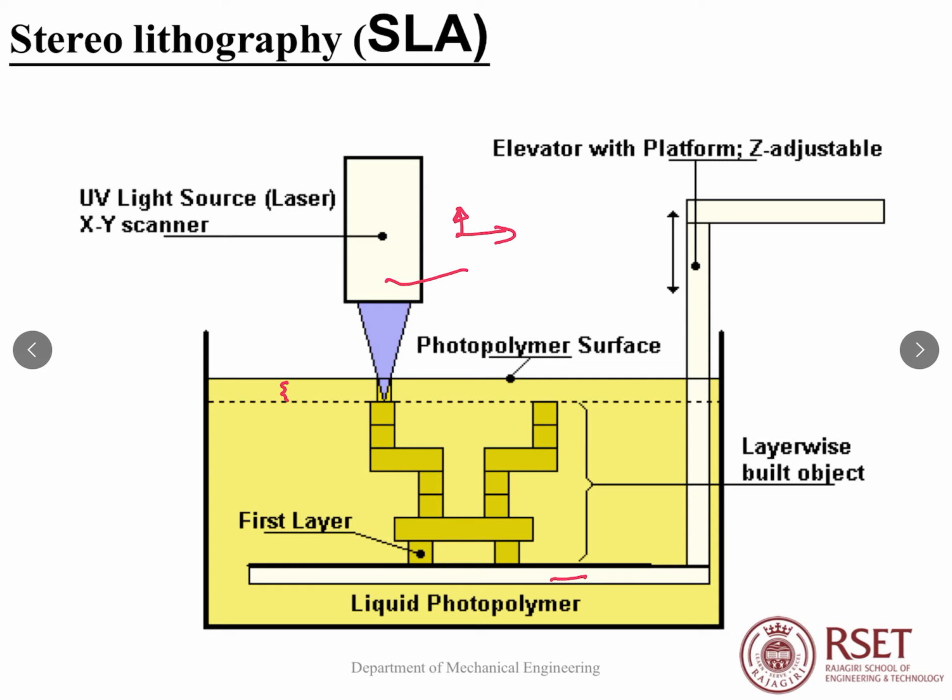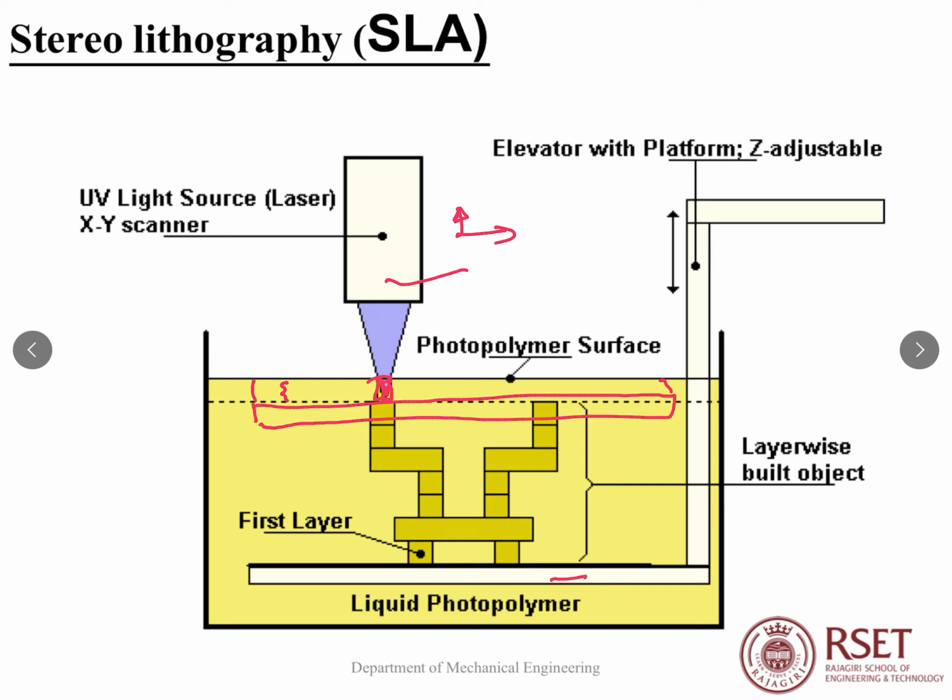The UV laser falls on selective areas and cures to that depth. So this is the position of the platform, covered by one layer of photosensitive polymer resin. UV light falls selectively, and in those areas where it falls, polymerization takes place and the resin solidifies.